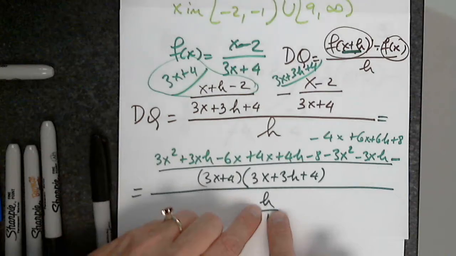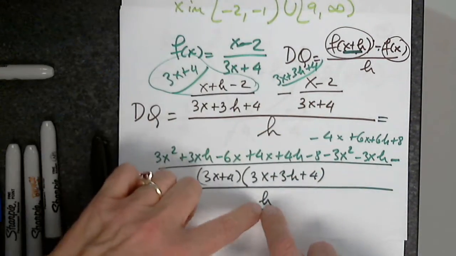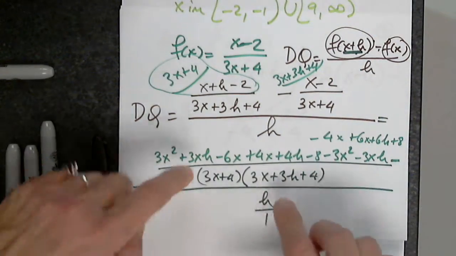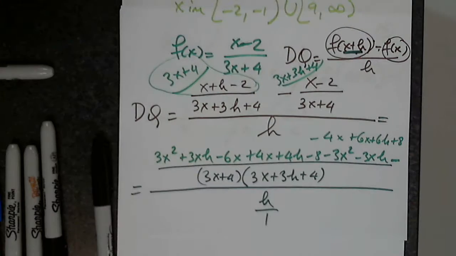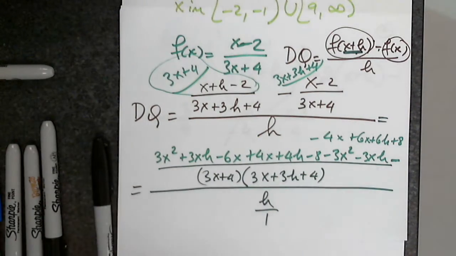I'm talking about the bottom of the top. Yes, nothing will change here. This will have to stay in the final answer. Those will not go away. That's why we do this over and over.